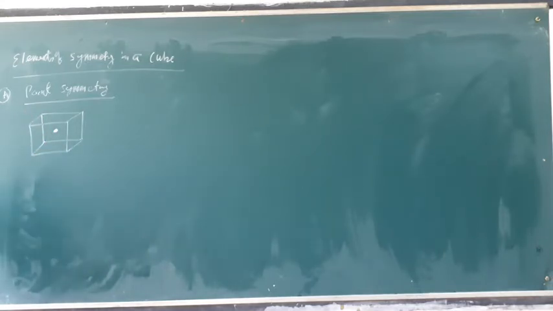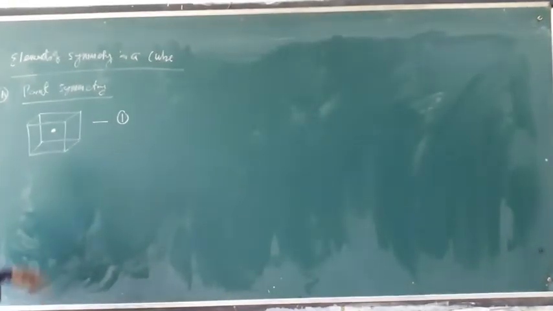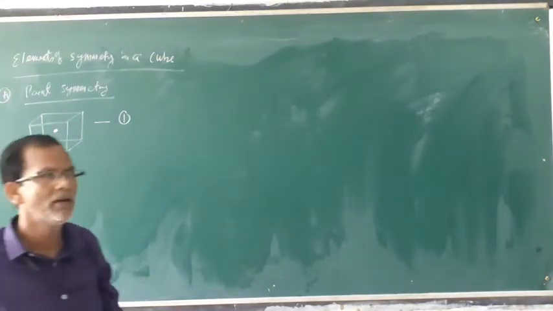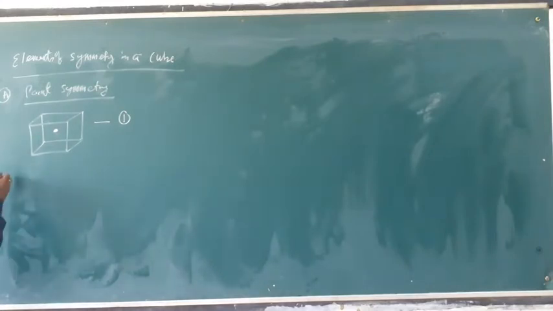So point symmetry will be only one, because this is the common point for all sides. That's why point symmetry in a cube is one.